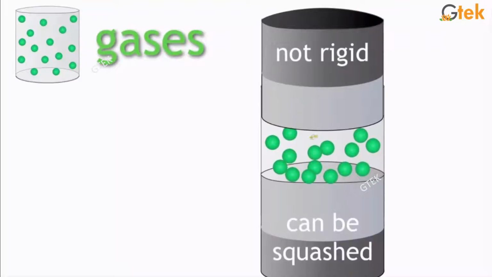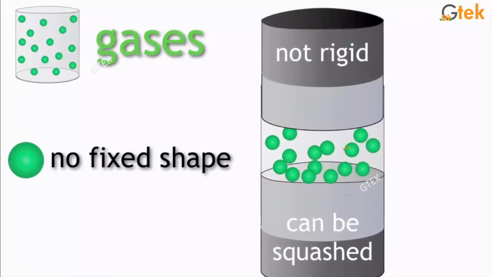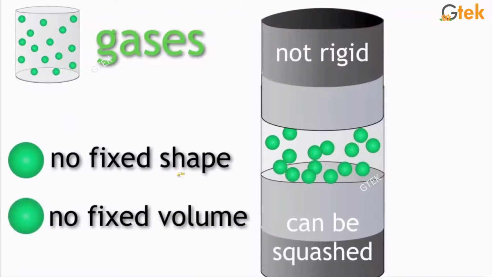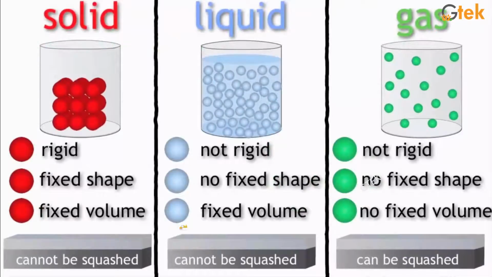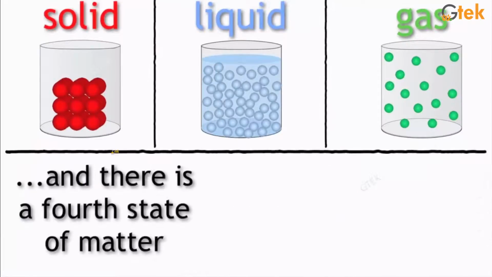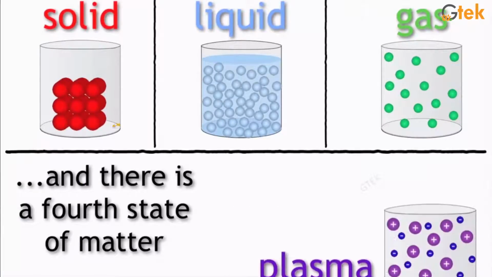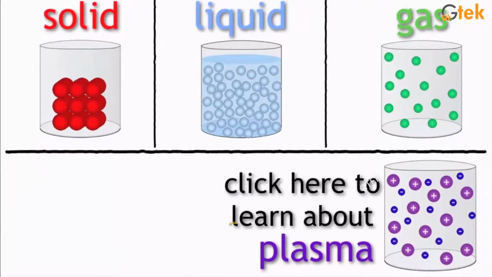It's not rigid and can be squashed. It doesn't have a fixed shape and doesn't have a fixed volume. So this is how solids have a fixed volume, gases have no fixed volume, and solids have a fixed shape. And the fourth one is plasma.